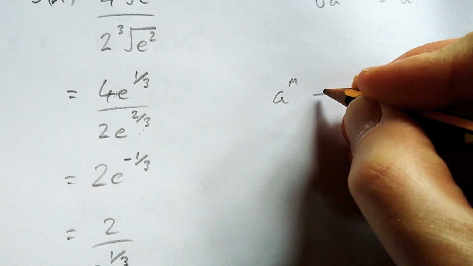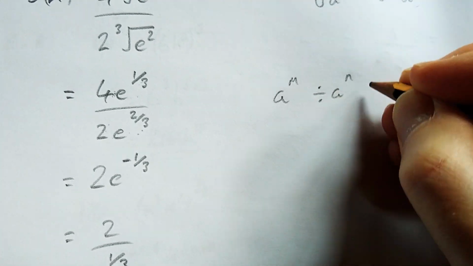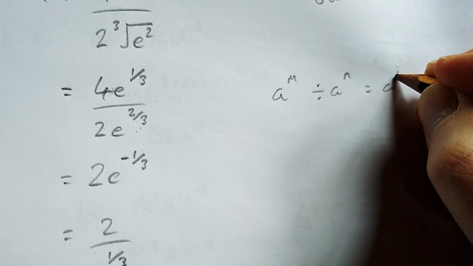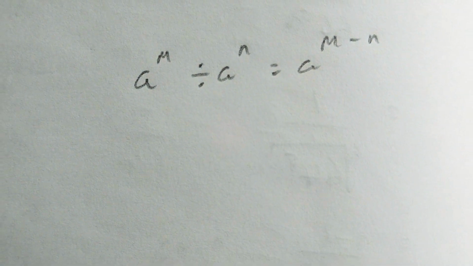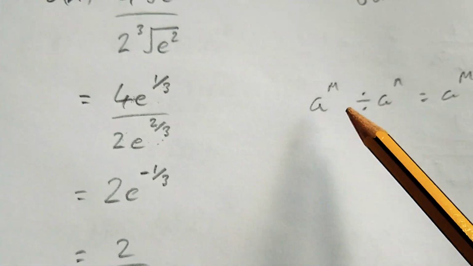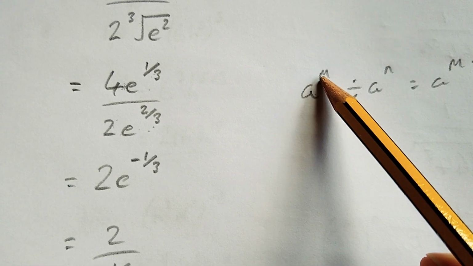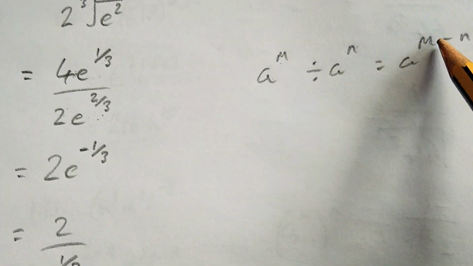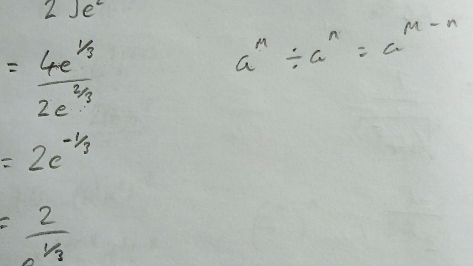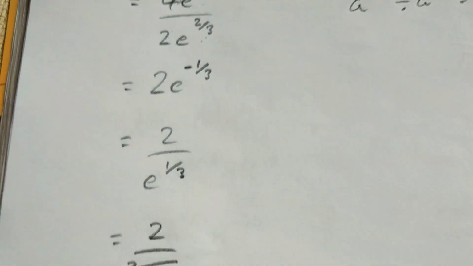That is coming from this rule. Okay, so if I have e to the 1/3 divided by e to the 2/3, that will be e to the 1/3 minus 2/3, and 1/3 minus 2/3 is minus 1/3, or negative 1/3.